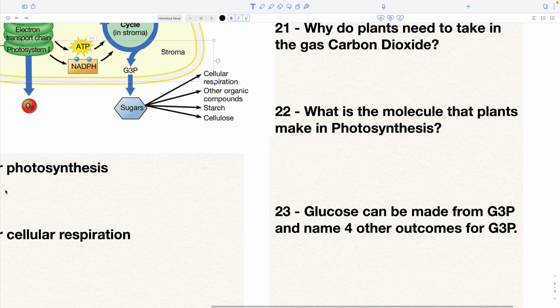Starch is their storage molecule for their sugar. Just like in animals, we store our excess calories as fat, they store their excess calories as starch. They can also make other organic compounds. They can make proteins out of this. Out of G3P, a 3-carbon molecule, they can make protein.